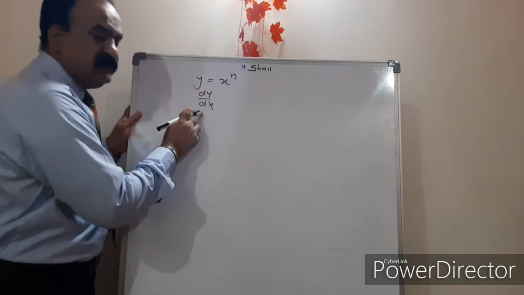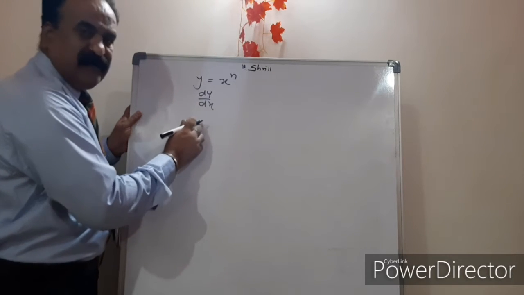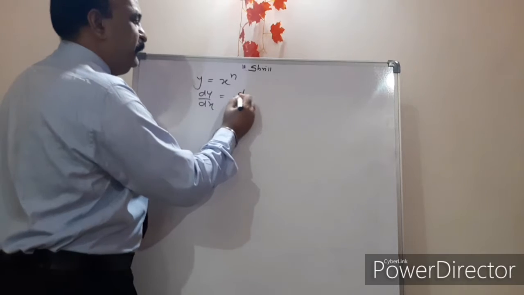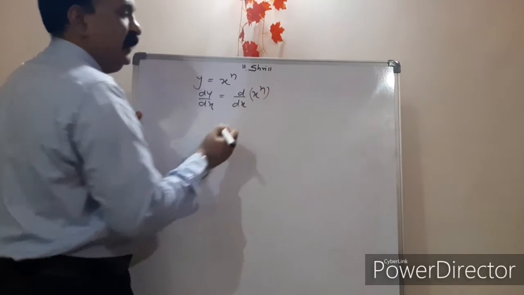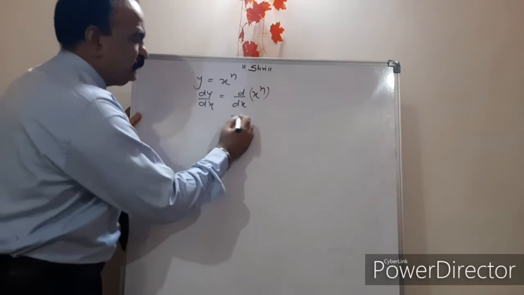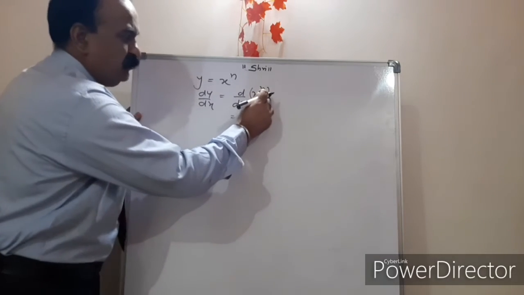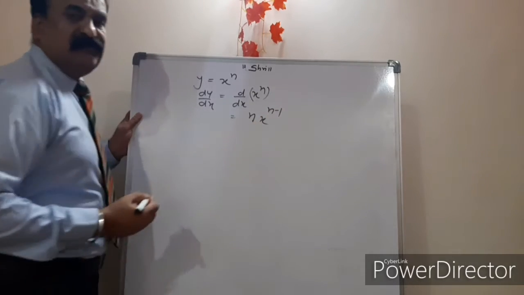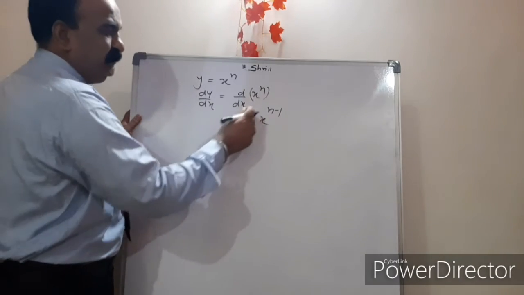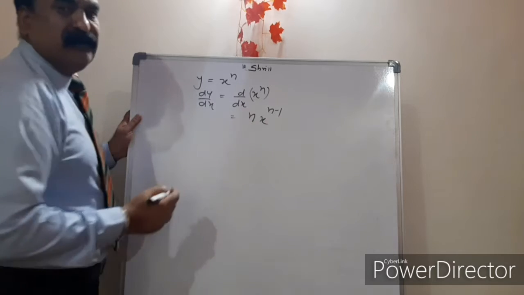It means y is changing with respect to x. dy by dx is equal to d/dx of x to the power n. And d/dx of x to the power n means bring the power down: n x to the power n minus 1. It means the power will be here, n x to the power n minus 1.